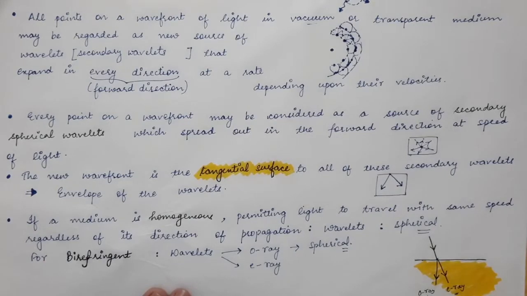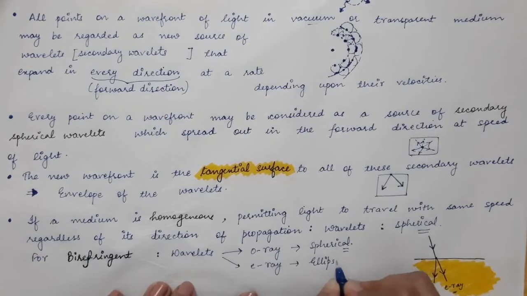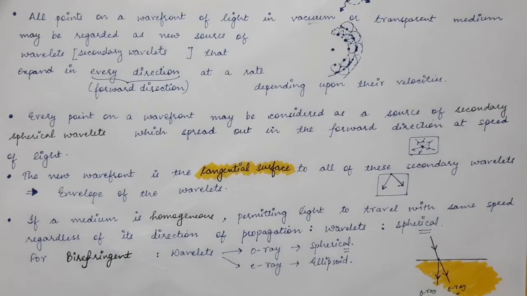Its velocity changes as you change its direction of propagation. So for the E ray, the shape of the wavelet is not spherical, but ellipsoid. In one direction it travels with the larger speed, and in the other direction it travels with the lesser speed.